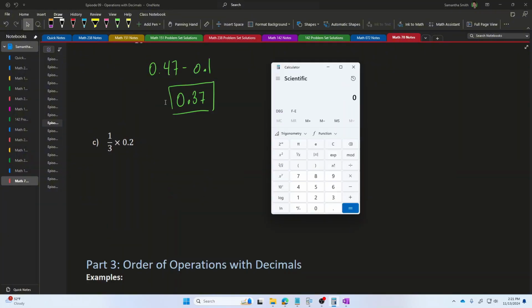If someone said 1/3 times 0.2, I would start by converting 1/3 to a decimal number. Now, in situations like this, we have to make a decision about how many threes we want to write down. This will depend on what the question is asking for in terms of how much you want to round your final answer.